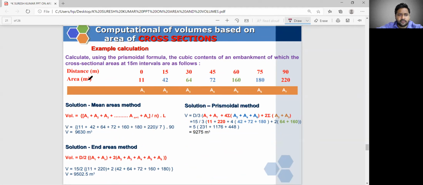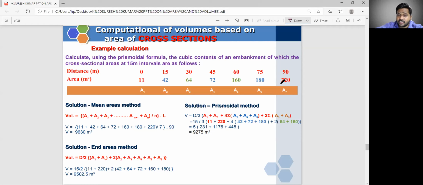Distance in meters, areas in meter square. Distance 0, area 11; 15, 42; 30, 64; 45, 72; 60, 160; 75, 180; and 90, 220.